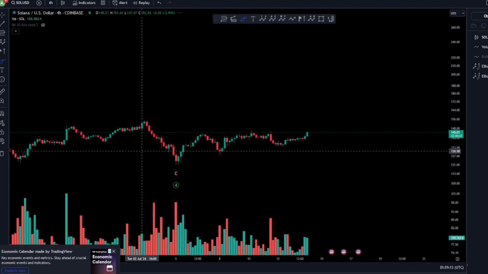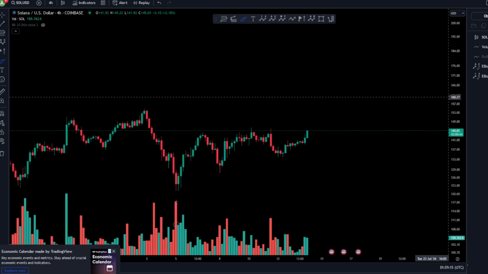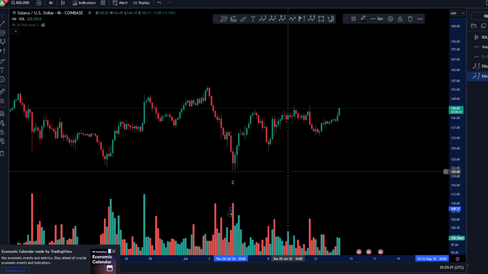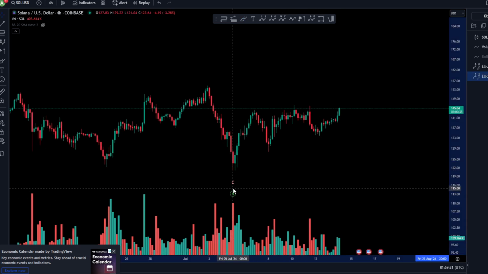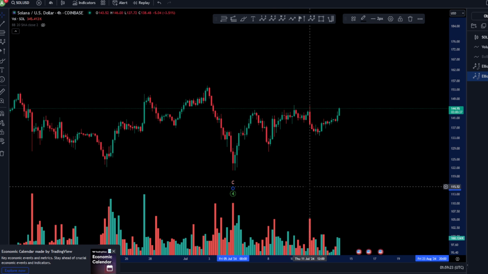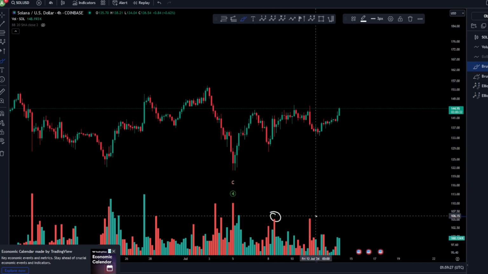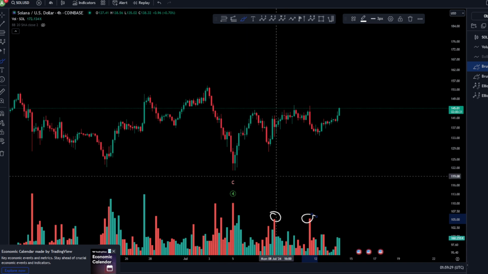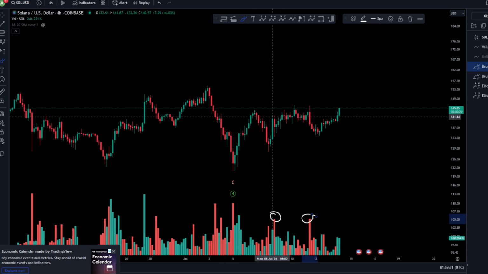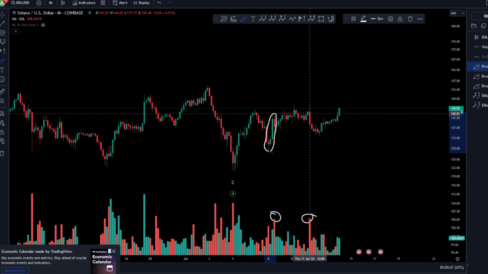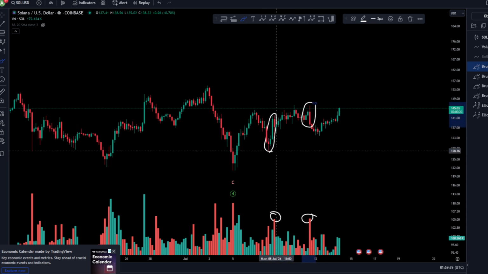So I'm going to move to the 4-hour chart, and yes, as we can see, that's perfect. All right, as you can see, guys, the volume is getting high exactly on the wave 1, on the start of the wave 1, or at the end of the wave 1.